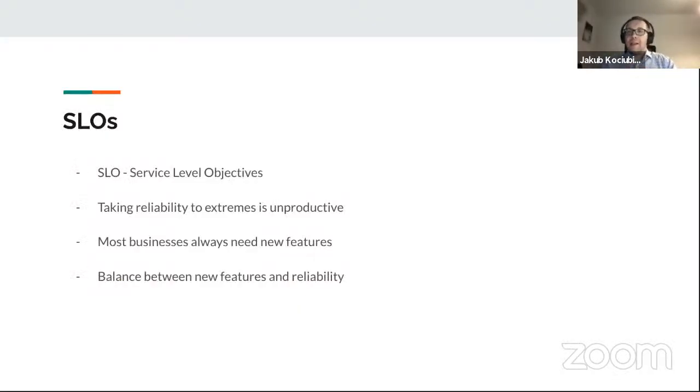So now we will get into a few important notions, or you could say definitions, that we have in SRE, that if you read up on SRE, or get more into it, you will for sure hear about. So the first thing is SLOs, service level objectives.